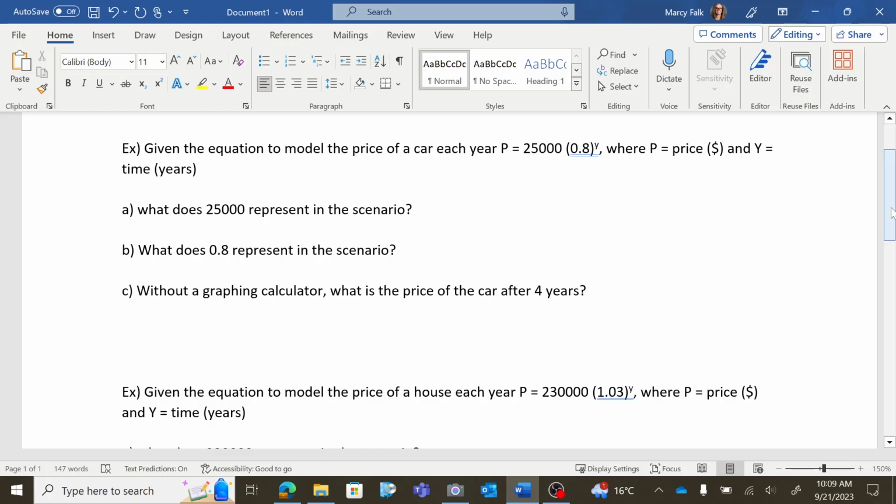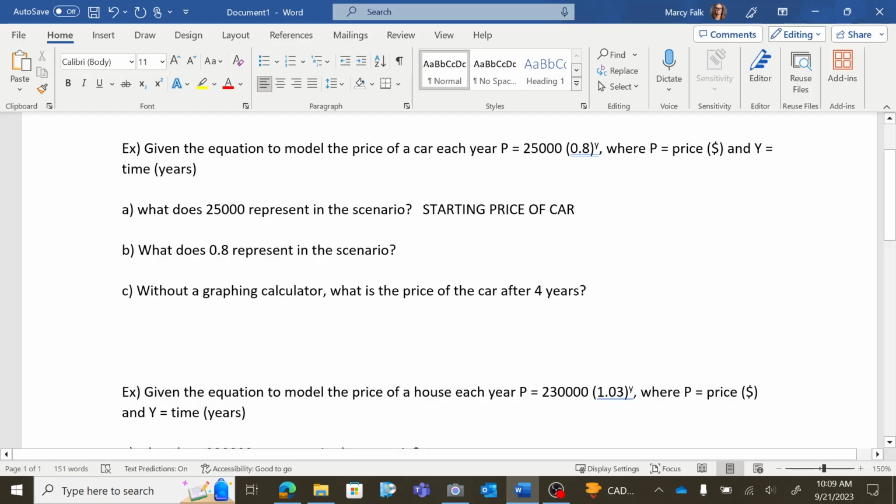The price at the start, yeah. So the price at the very start. So what does the 25,000 mean? Starting price of car.